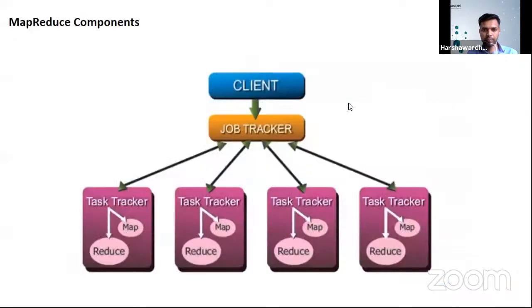Let's go to that MapReduce paradigm, and then we will have understanding of one example, and then we'll proceed further. For HDFS, again I'm repeating, there were two components, name node and the data node. For MapReduce, again there are two components, job tracker and task tracker.